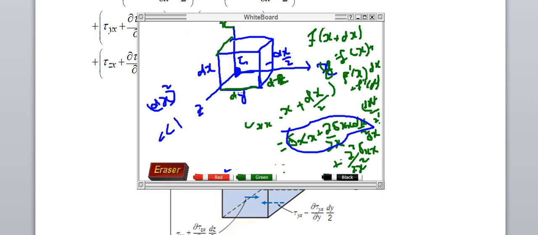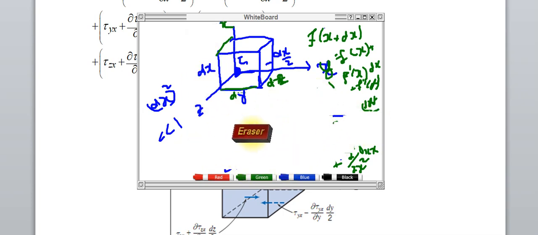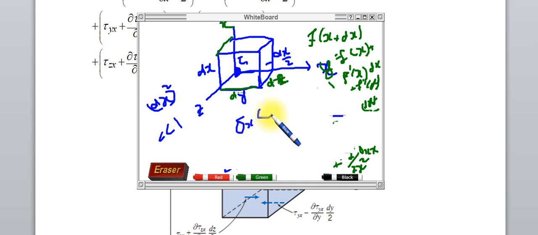On the negative x plane we will just change this into x minus dx by 2.